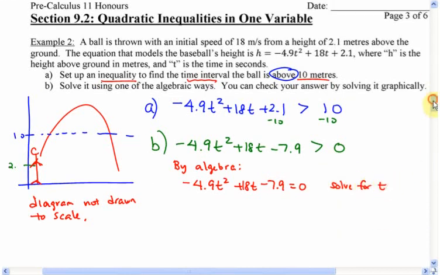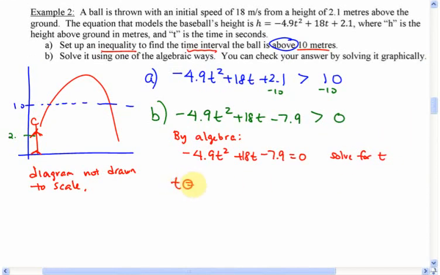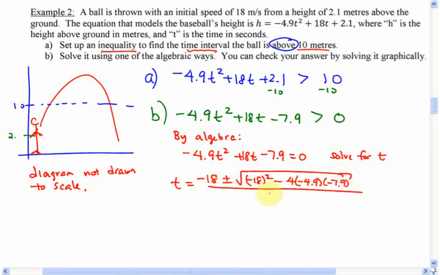And then, of course, in this case, use the quadratic formula. t equals negative b plus or minus the square root of b squared minus 4ac all over 2a. Okay. Go ahead and solve for t, please.